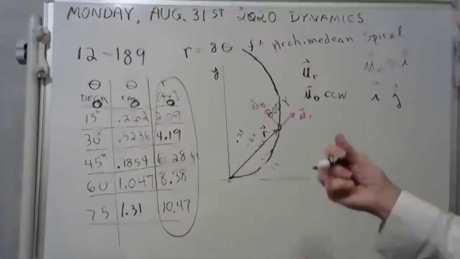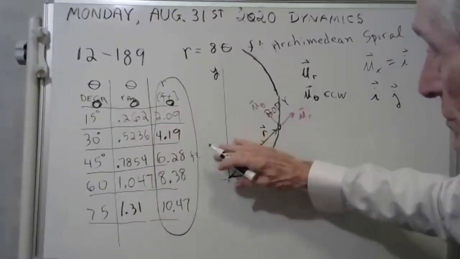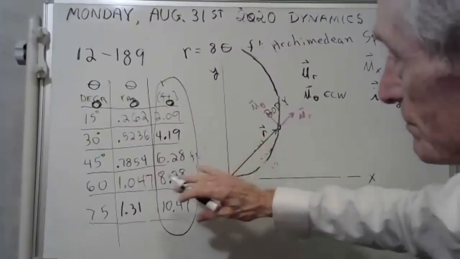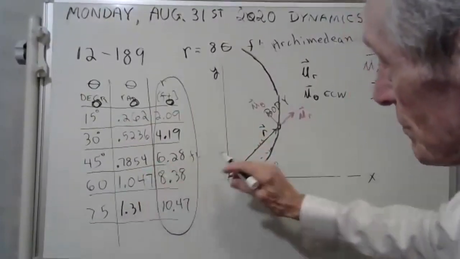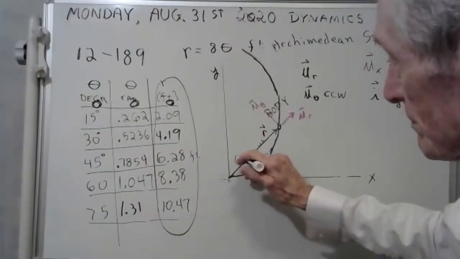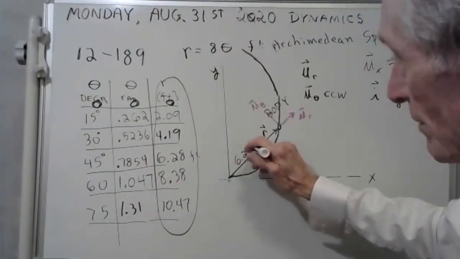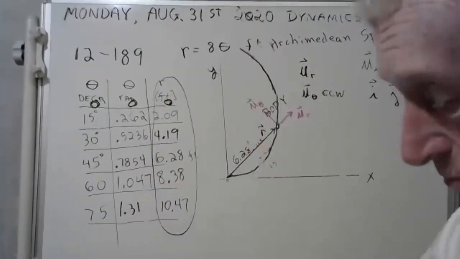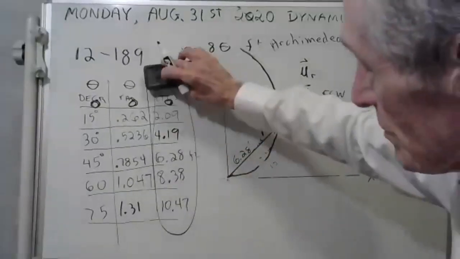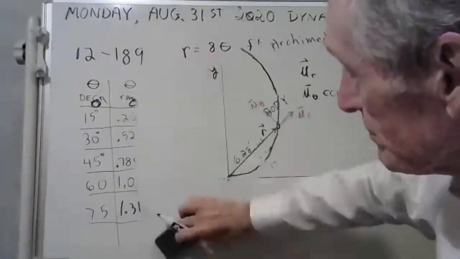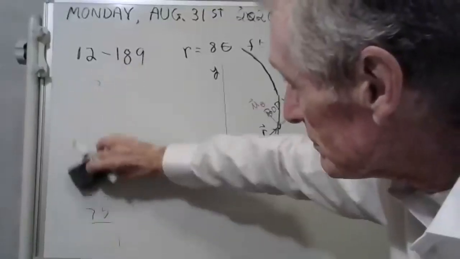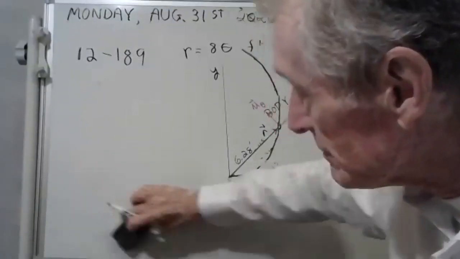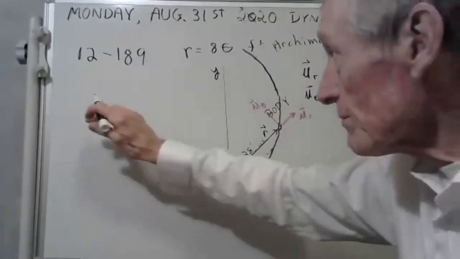We know how long this position vector is. It's 6.28 feet. Let me make a note of that. I might need that. Okay, I'm going to erase all this because I need the room. Now we have this vector.